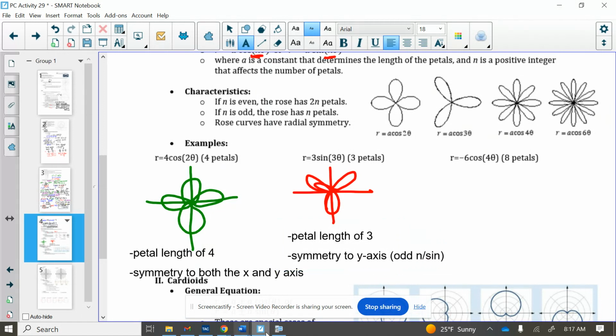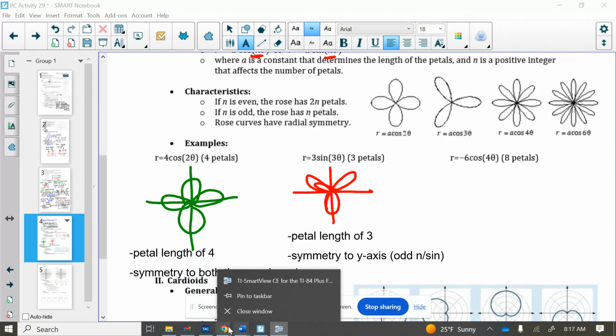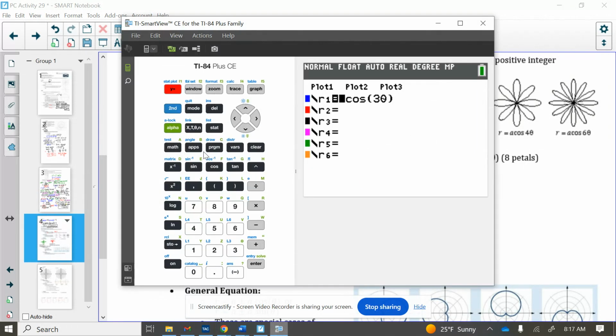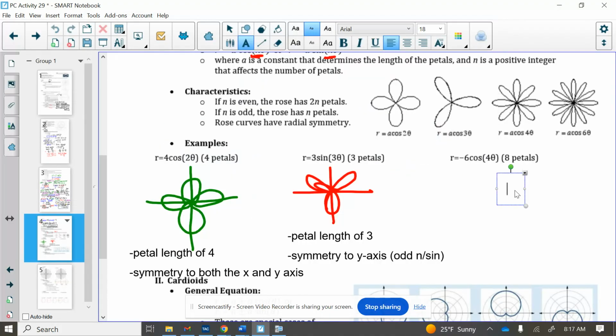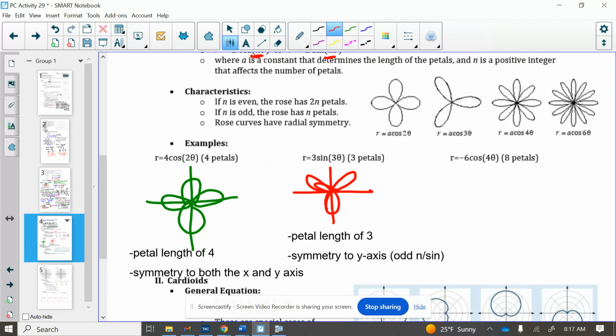All right, our last one, negative 6 cosine of 4 theta. If we type this in, notice our number of petals is double that: we have 8, and their length on each of them is that value out front, which is 6. Let's go blue this time.